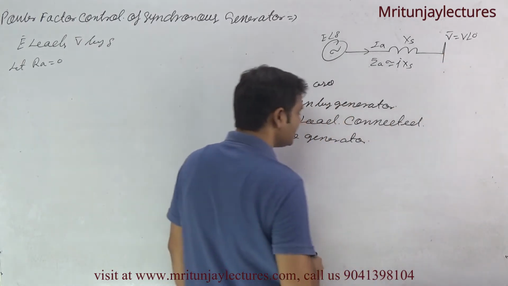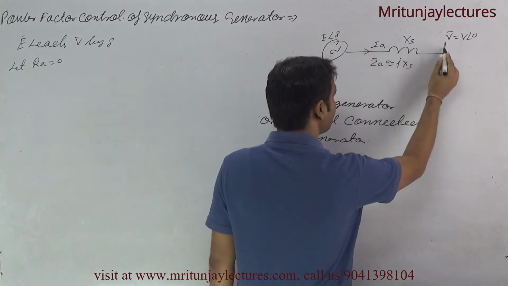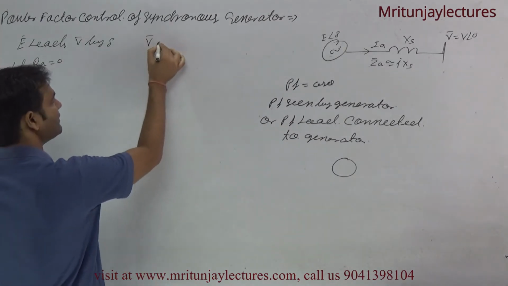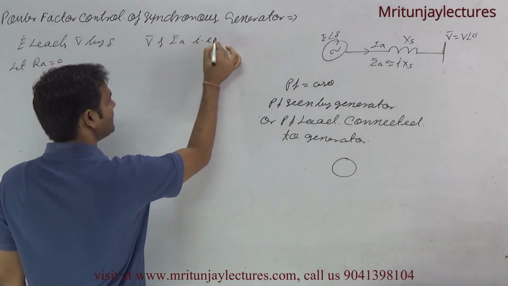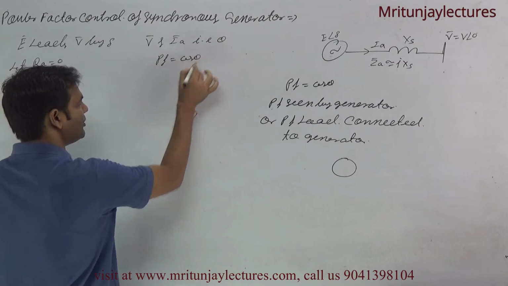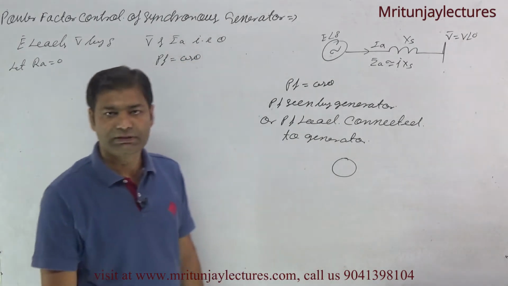The angle between V and IA is theta, so the power factor is cos theta.